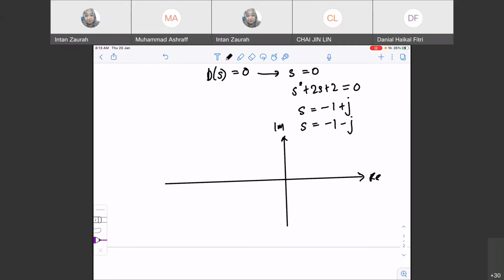The moment you already sketch everything, you can then plot it on your graph paper. And when you plot, make sure the scale you use is the same for the real axis and the imaginary axis. Meaning, if you use 1 centimeter for 1 unit on your imaginary axis, similarly on your real axis you need to use 1 centimeter for 1 unit.